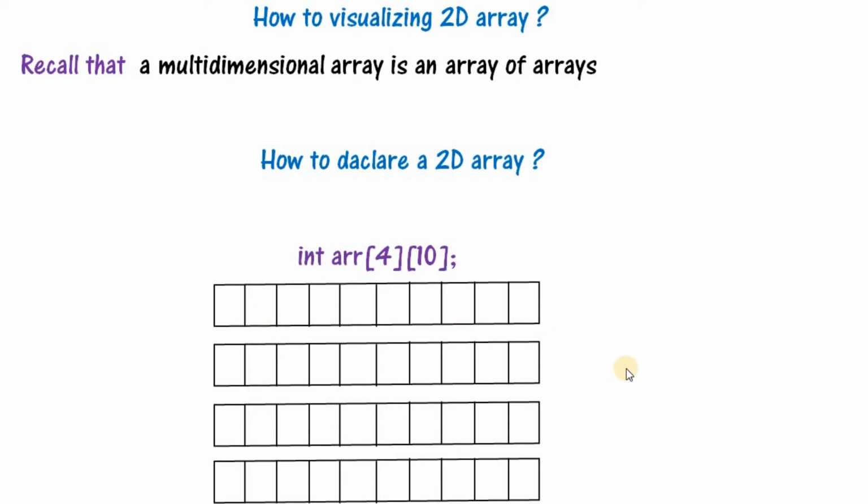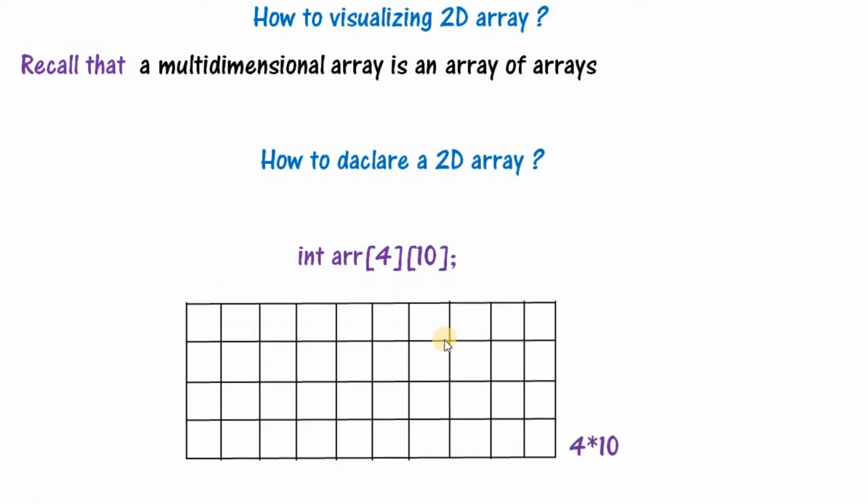They are quite far away. Let us see what happens when we combine them together. It forms a matrix, and the size of this matrix is 4 cross 10. It consists of 4 rows and 10 columns. So we can say that it is a 2D array.